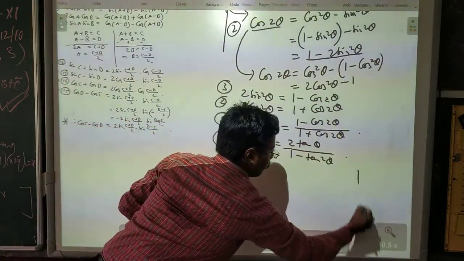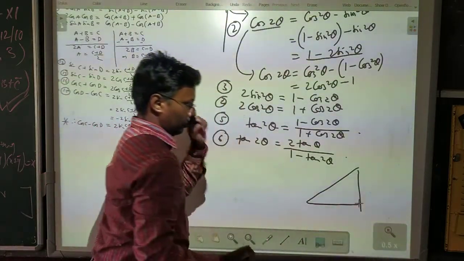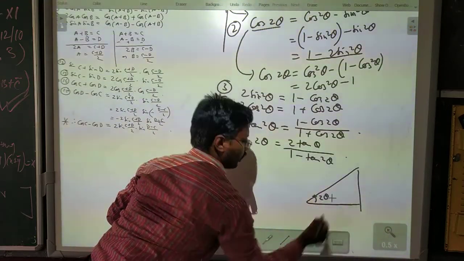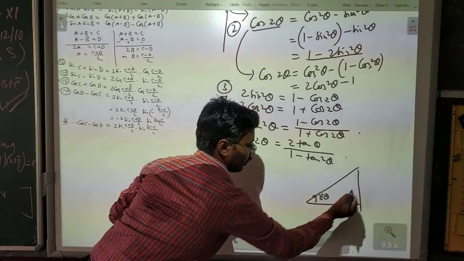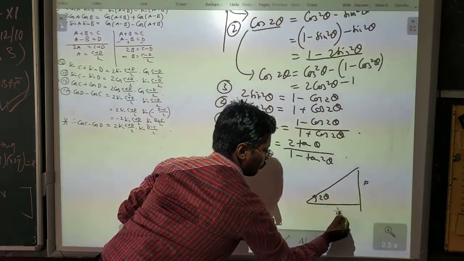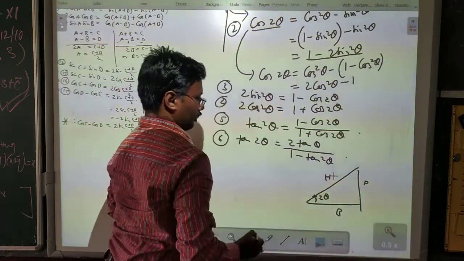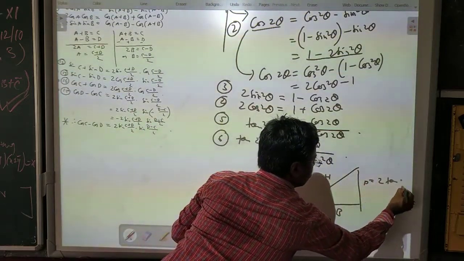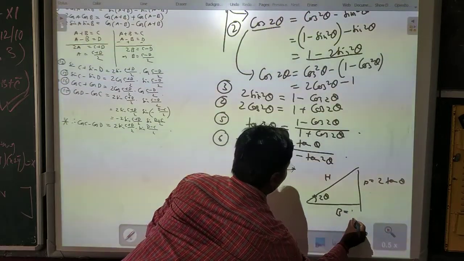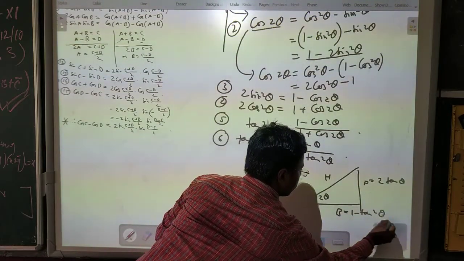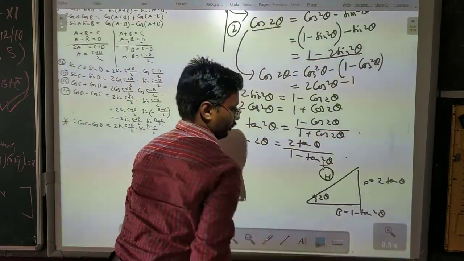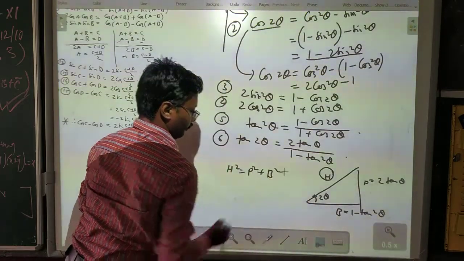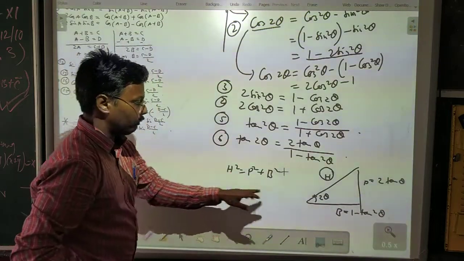You know, in a right triangle, if the angle is taken as 2 theta, with respect to this angle, this is perpendicular, this is base and this is the hypotenuse. Okay? So here perpendicular is 2 tan theta, base is 1 minus tan square theta. Now we need to find h. And you know, h square is equal to p square plus b square by Pythagoras theorem.